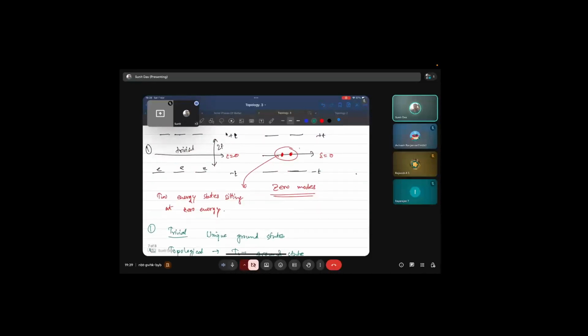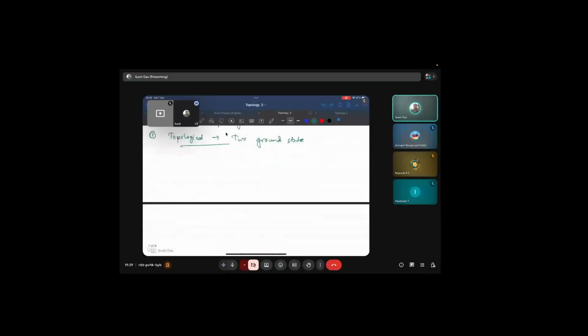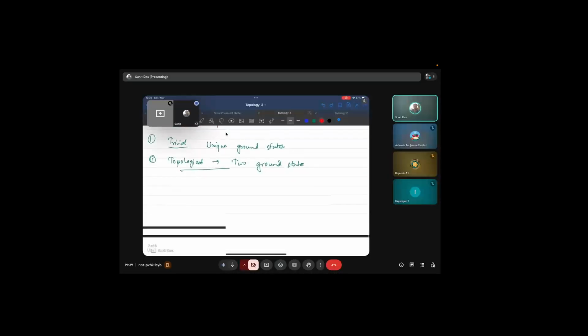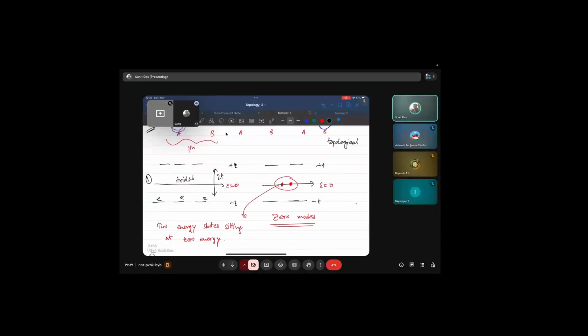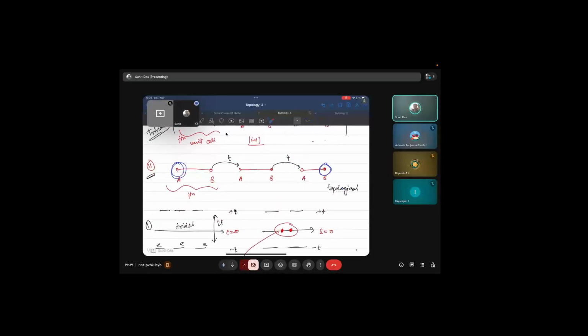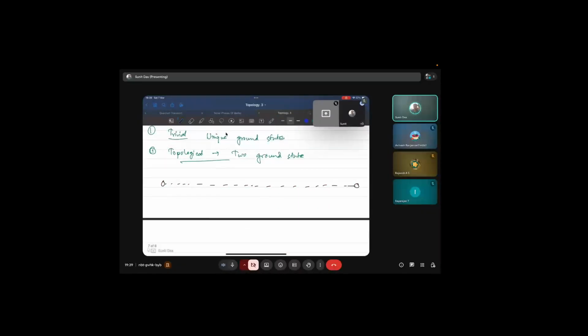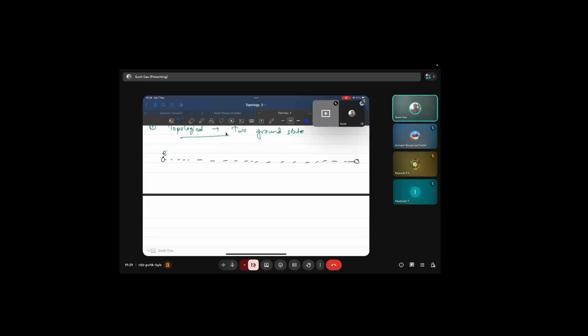Because remember that we had two zero modes here. So if I draw here the zero energy modes, so suppose these are the physical ends of the chain. So let me draw it in a larger way. Okay, so here we had this case and this case, right? So what we are having is that an electron can sit here or here. It depends. So an electron can sit here or here.